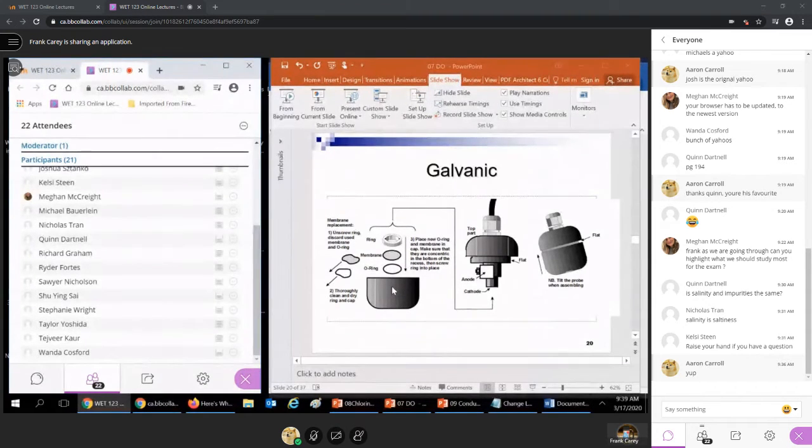So maintenance. For a galvanic probe, you do have to maintain them fairly regularly, about once a month. Same with calibration, maybe once a week to once a month, because the solution does get used up. The anode can be used up.